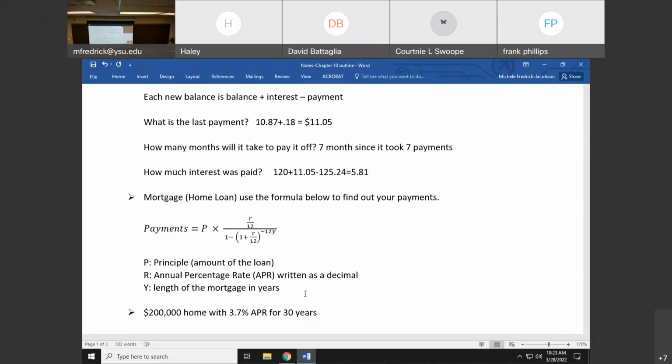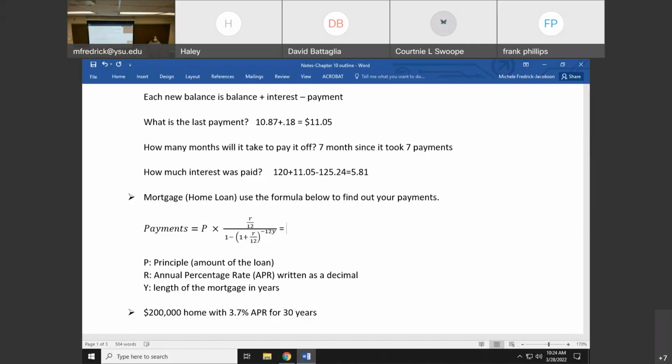So if we are going to buy a home, the whole loan is going to be $200,000 at 3.7% APR, annual percentage rate, for 30 years. So right here, we want to plug into this formula. P is the principal, the amount you're taking the loan on.